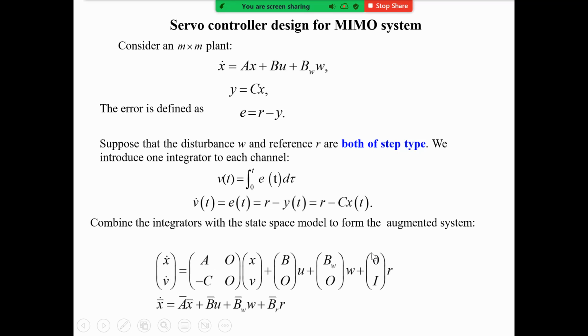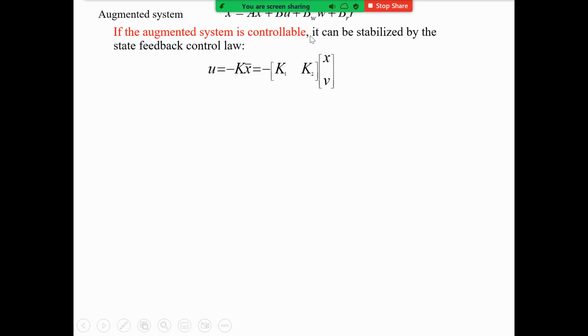Then you try to stabilize this augmented system. Make sure that it is controllable, because only when it is controllable can it be stabilized by this feedback controller.